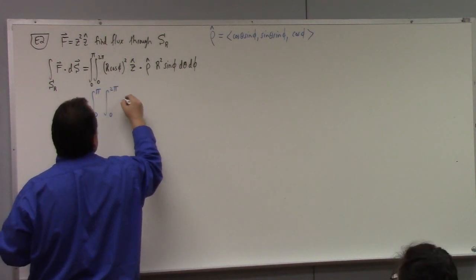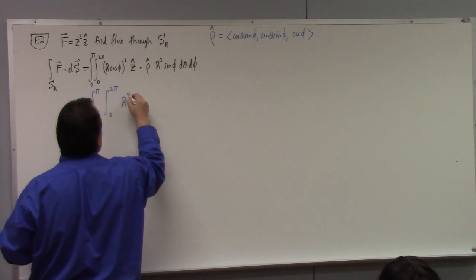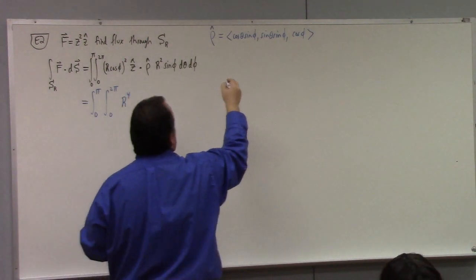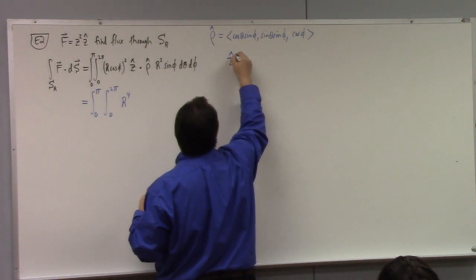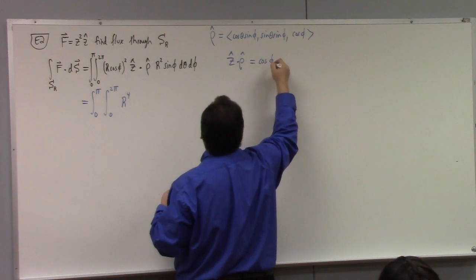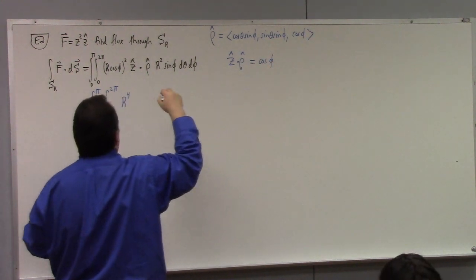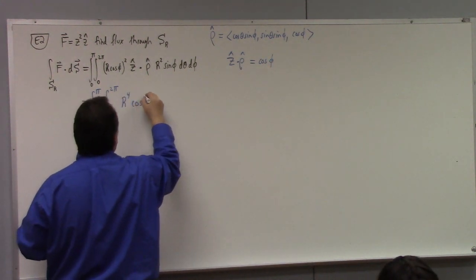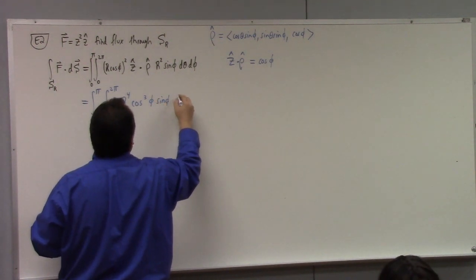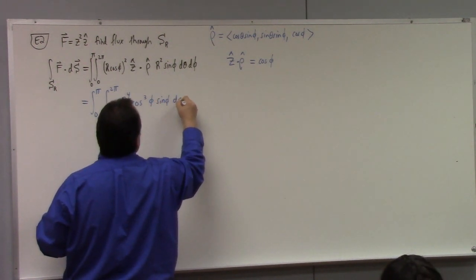We've got ourselves an r to the power 4, and lots of cosine. It looks like we got a cosine cubed phi sine phi d theta d phi.